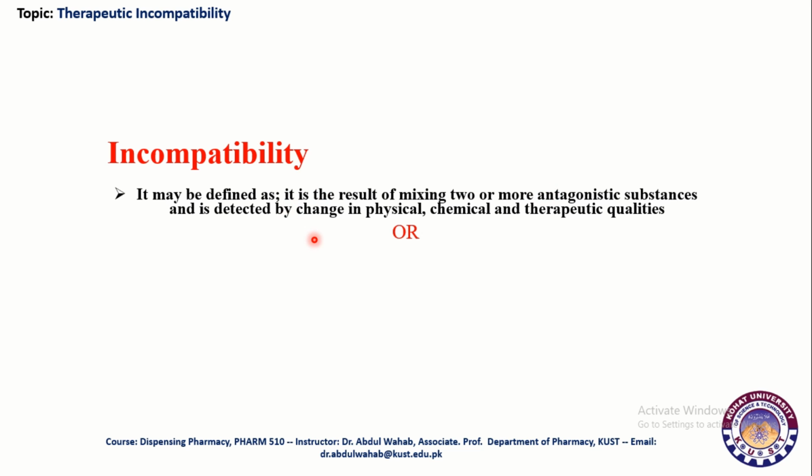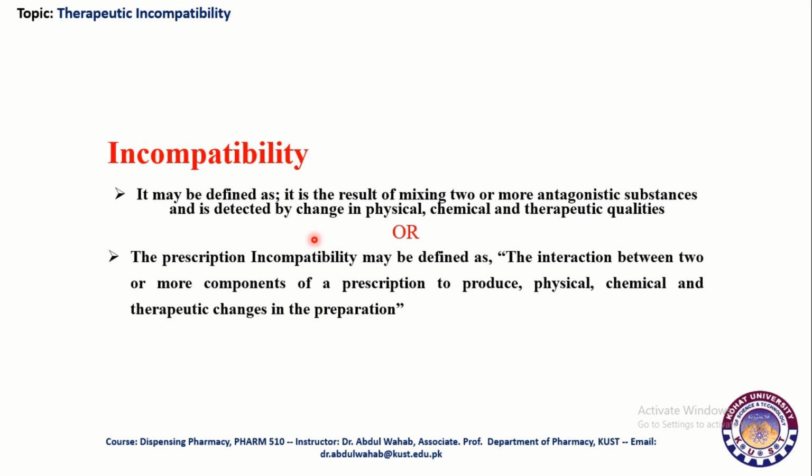Of the drug. Or we can also define it this way: prescription incompatibility is the interaction between two or more components of a prescription to produce physical, chemical and therapeutic changes in the preparation.